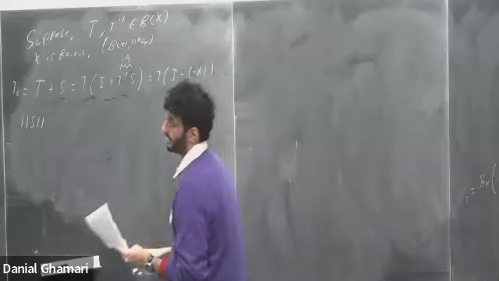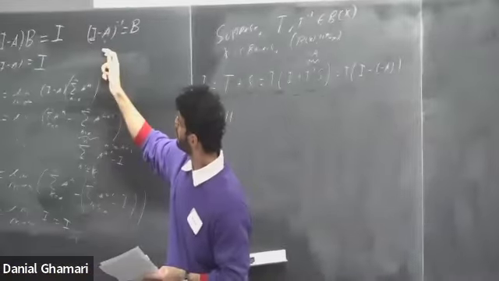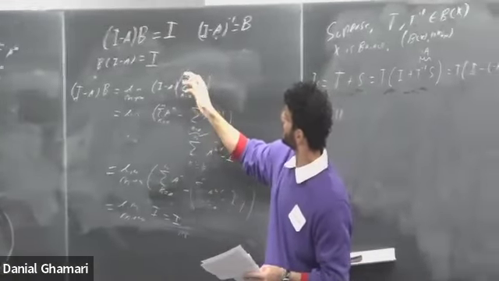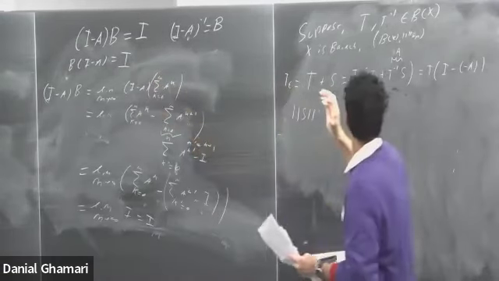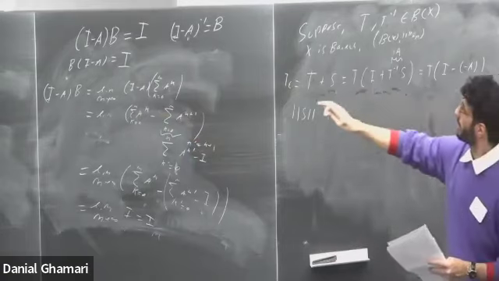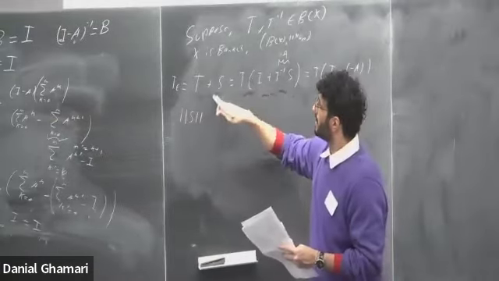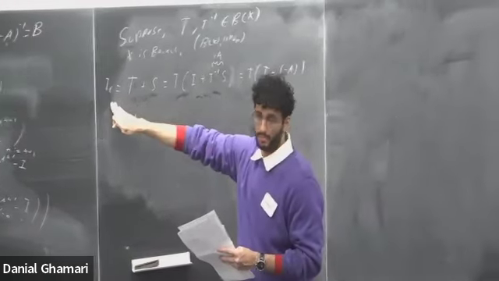Going back one step, my question is: if I know T is invertible and I nudge T by S, under what conditions is T sub epsilon still invertible?